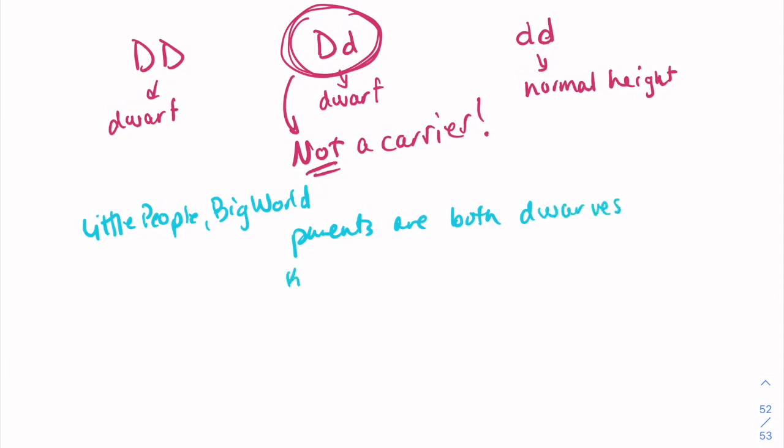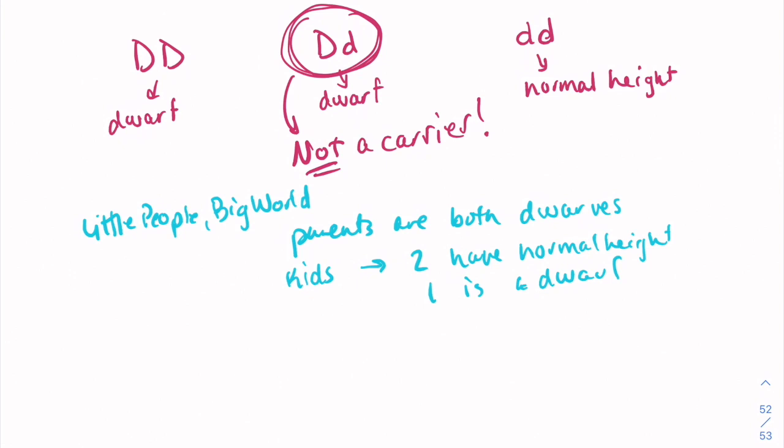But the kids, aren't two of the kids normal height and one short? So two have normal height. One is a dwarf. And what's interesting too is that the one who's a dwarf is a twin to one of the ones who is of normal height.